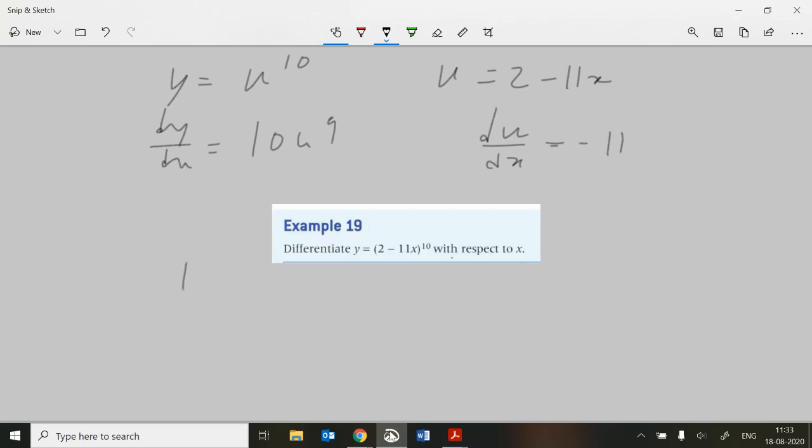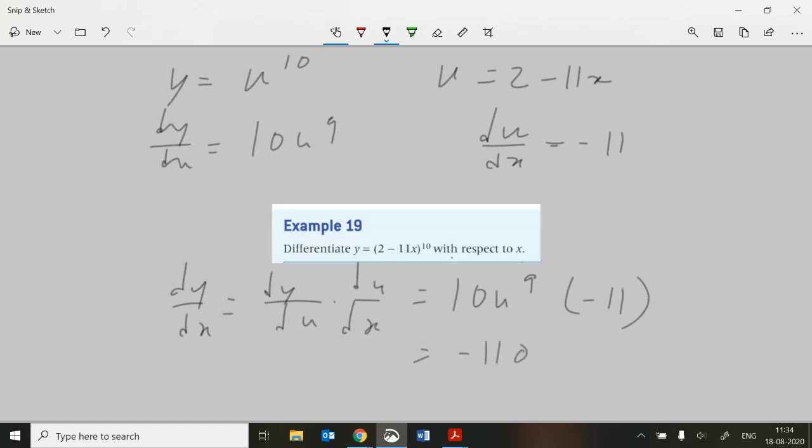And now when we times those two things together, we get dy/dx equal to dy/du times du/dx. dy/du is 10u to the 9, and then that's timesing by minus 11. So we're getting minus 110, and obviously we need to put u back in. So we're getting 2 minus 11x, and that's the power of 9 there, don't forget that.